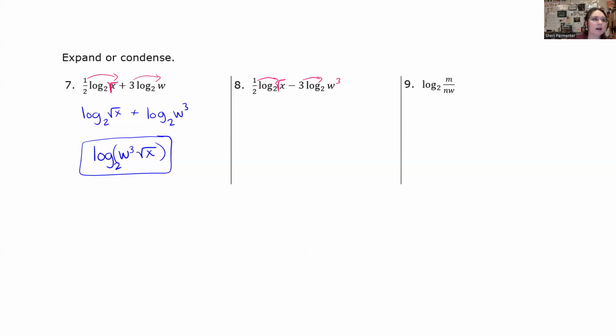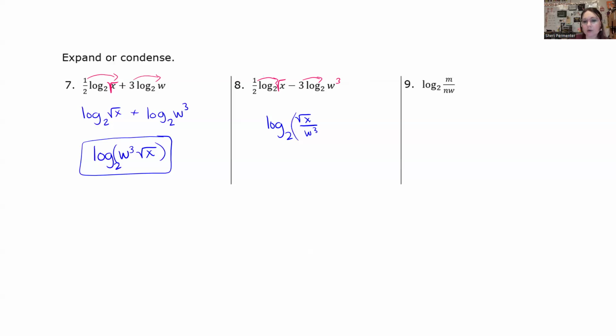But instead of multiplying, I'm going to divide, and there's a specific order that I have to divide. It'll still be log base 2. Whatever is written first will always go on top. So I'm going to have the square root of x divided by w to the third power. Anything that is subtracting shows up in the denominator.